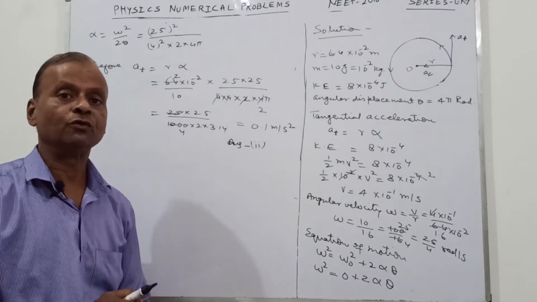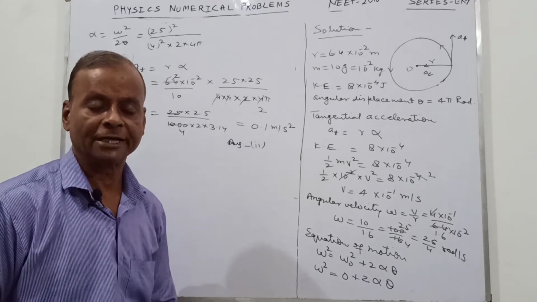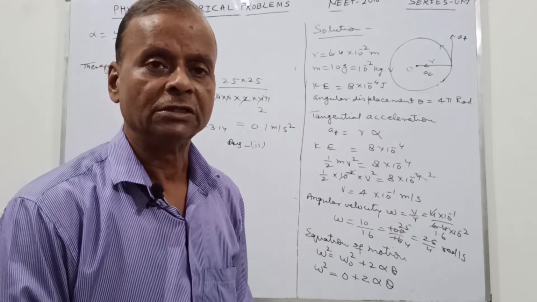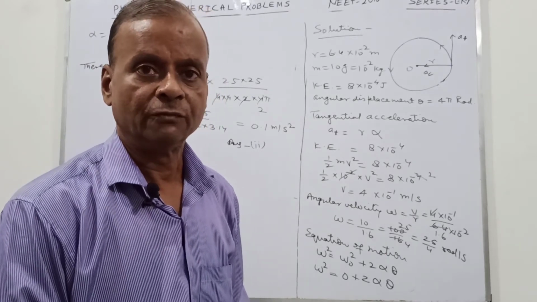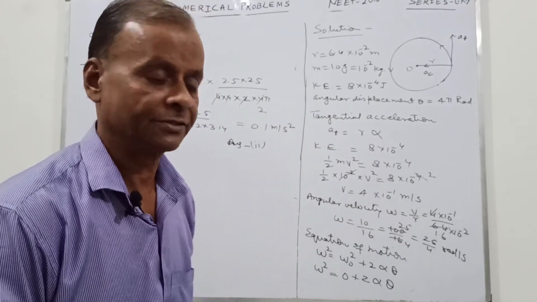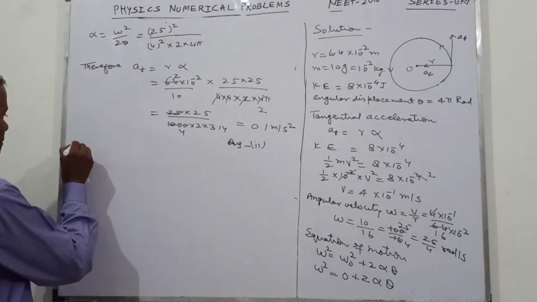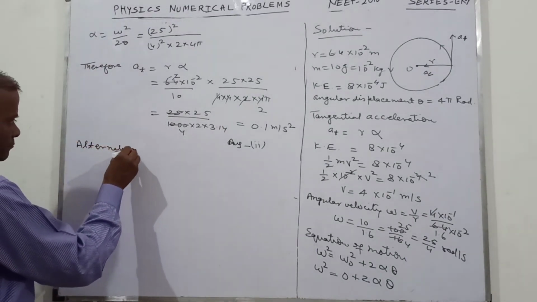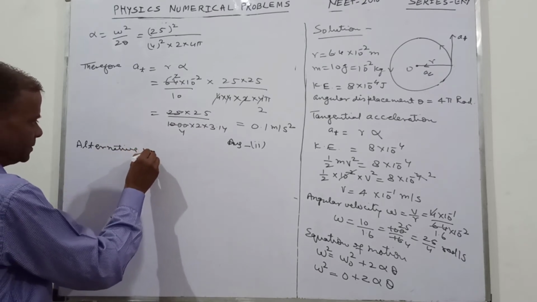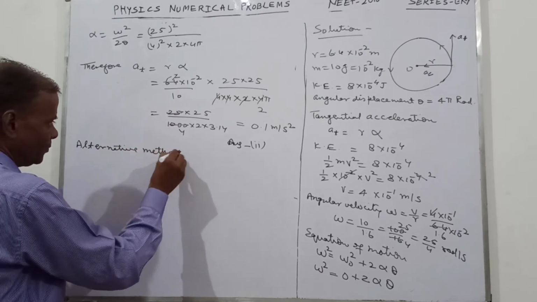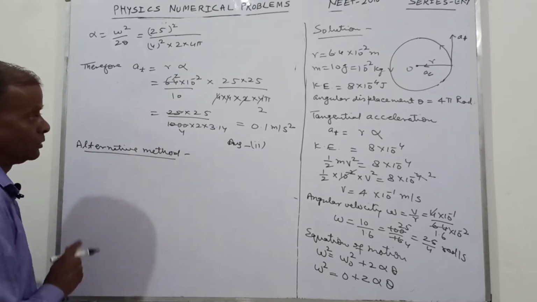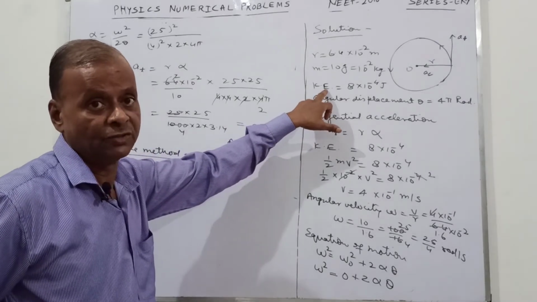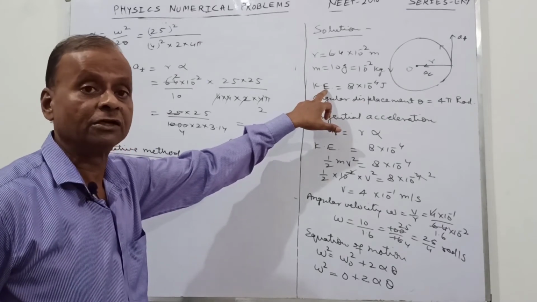But there is one more method to calculate the tangential acceleration. So I am telling you that it's an alternative method for finding the tangential acceleration. In the alternative method, you are given the kinetic energy, and this kinetic energy equal to work done.